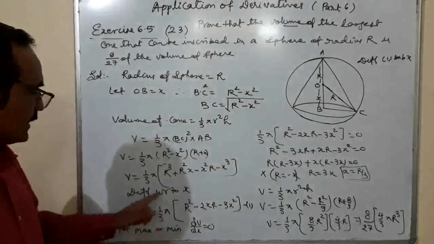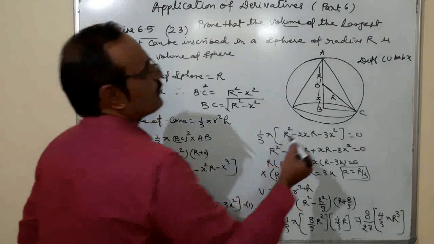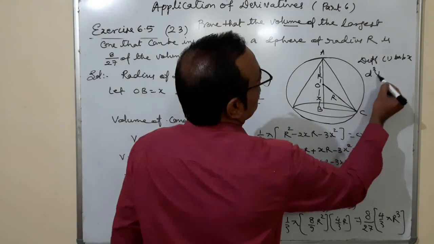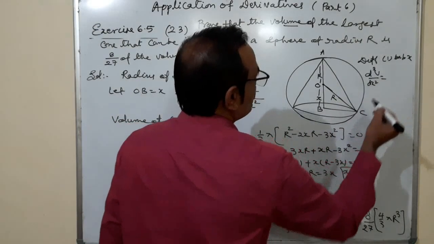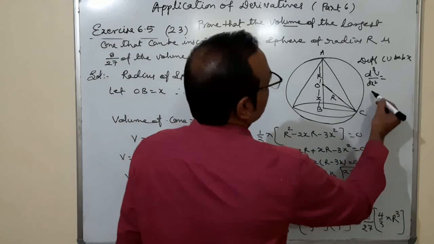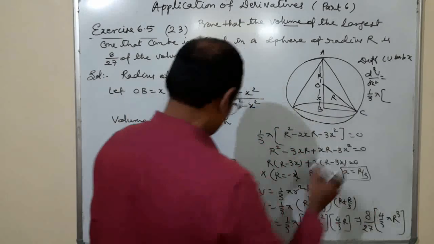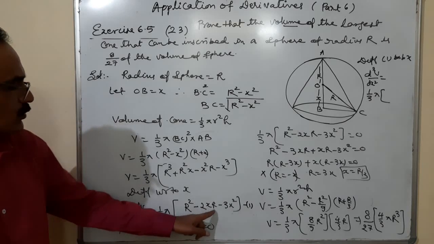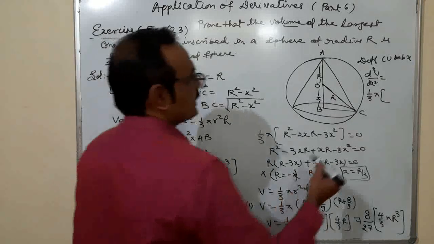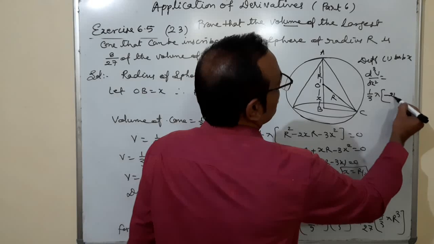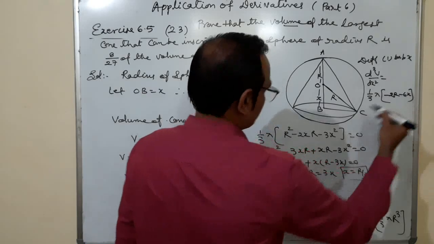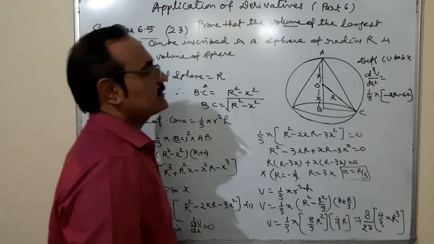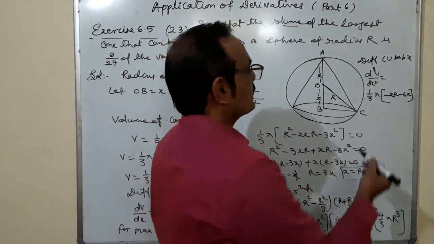So differentiation of that term, d square v by dx square is equal to 1 by 3 pi, and this is the constant of 0. It is coming minus 2r minus 6x. Both the values, minus sign common.